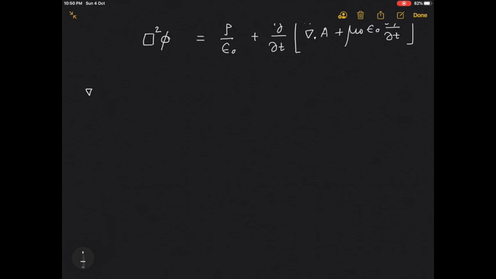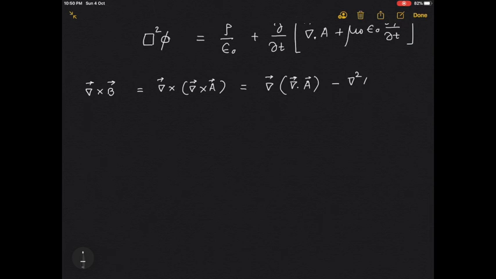The other inhomogeneous equation is curl of B, but B is curl of A, so curl of curl of A, and curl of curl of A is nothing but gradient of divergence of A minus Laplacian of A. So let us use that now.